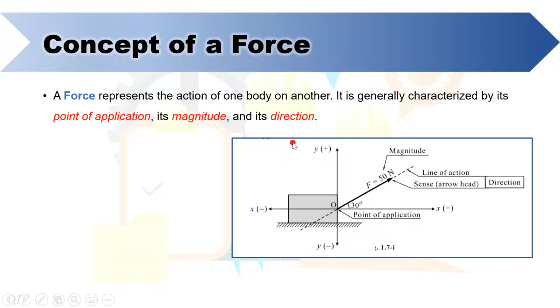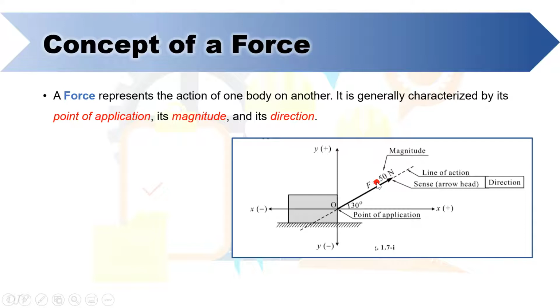First is the point of application. As you can see here, the force, which is 50 Newton, acts on the box, specifically on point O. Thus, point O is the point of application. Second is the magnitude, and in this figure, it is this one, which is the force equal to 50 Newton.